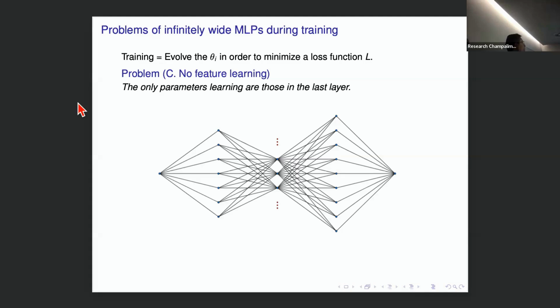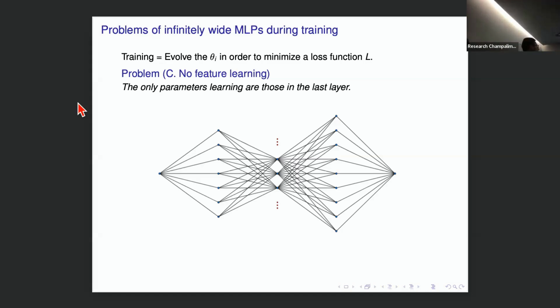And that refers to the fact that as you train an infinitely wide multilayer perceptron, only the weights that go into the last layer change during training. All the other layers stay fixed. The weights don't move. That happens in the infinitely wide limit. And that's called no feature learning because there is this intuitive idea that when you have a deep neural network, the first layers are learning features of the training data, and then the last layer only puts the features together to give you the output that you expect.